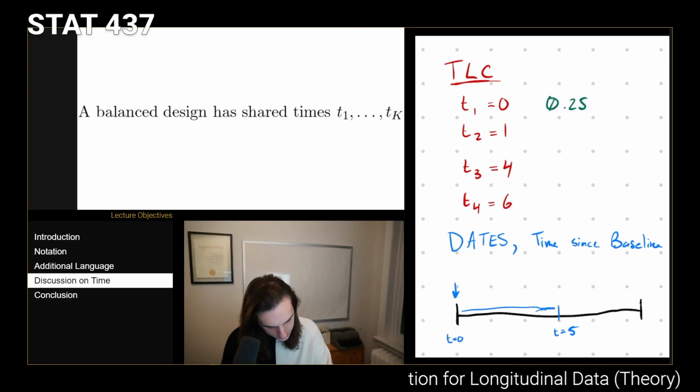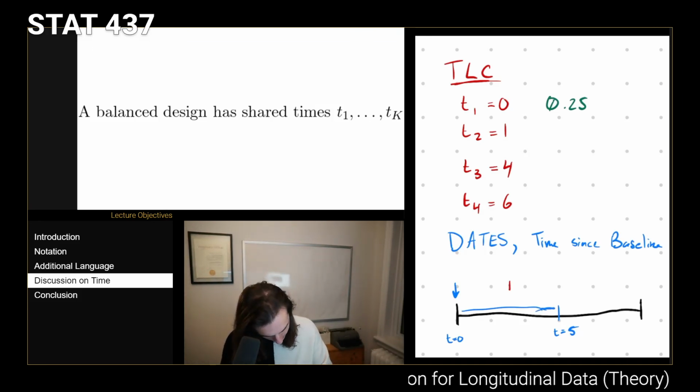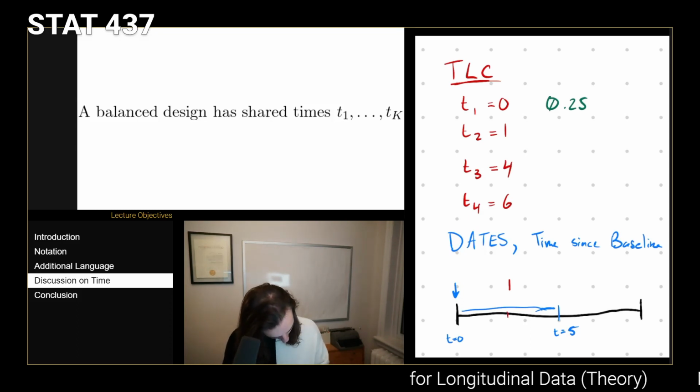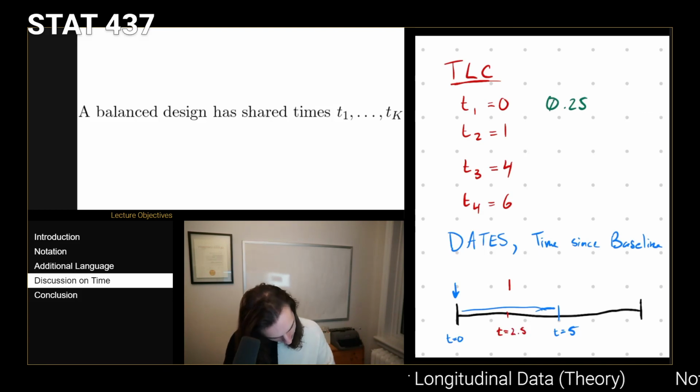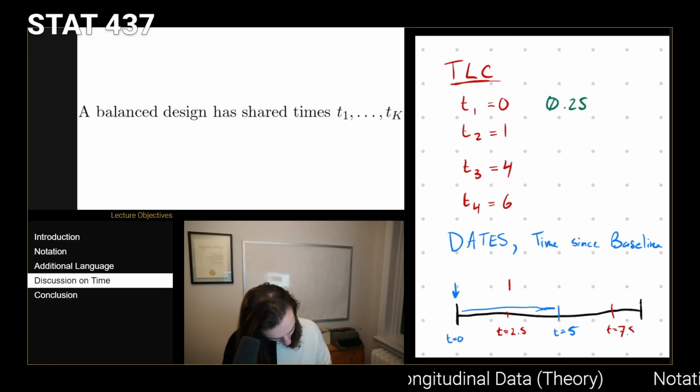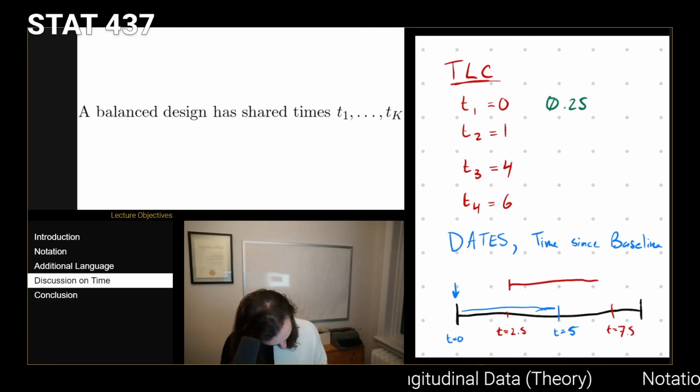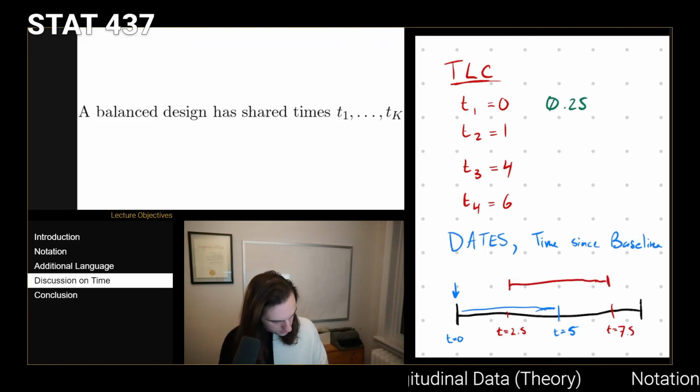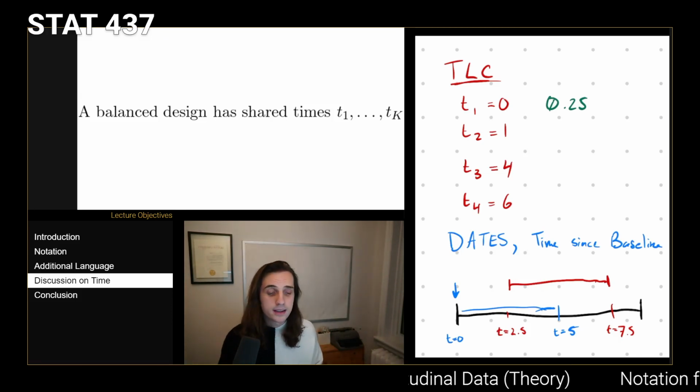You might have a second individual who doesn't enroll in the study until about time equals 2.5, let's say, why not? And maybe we follow this person up till t equals 7.5. Right? And so there's two ways that we can think about this setting.